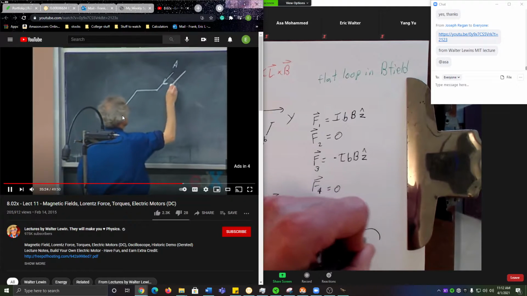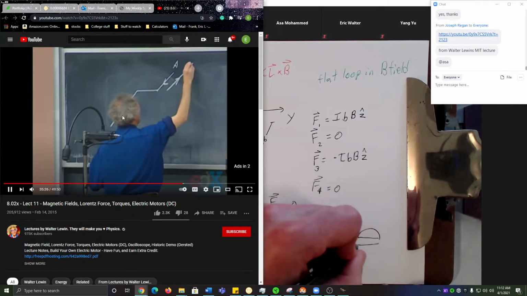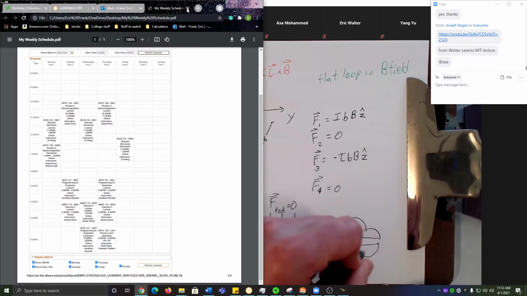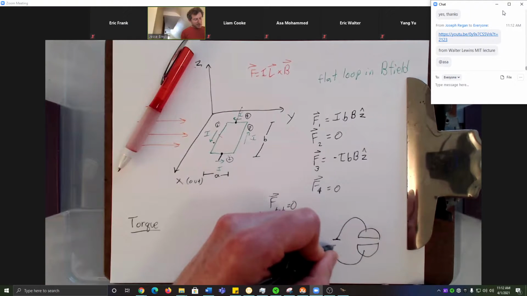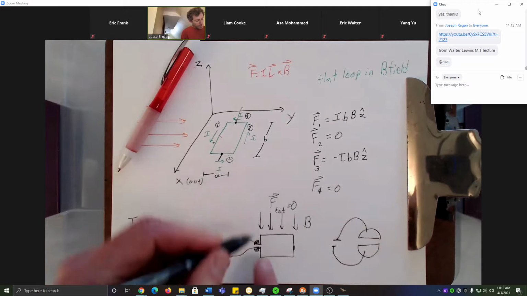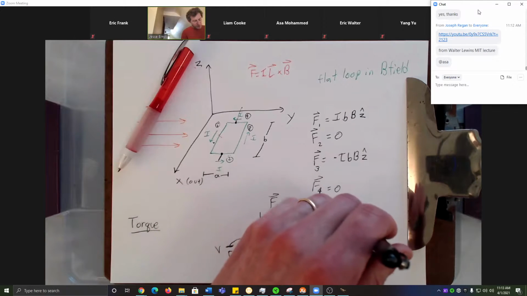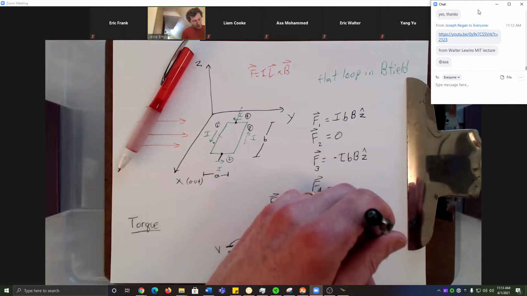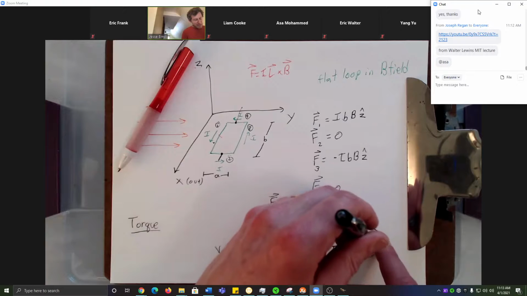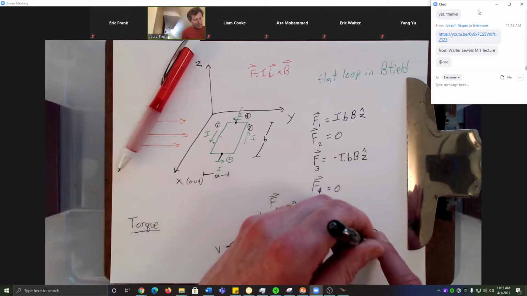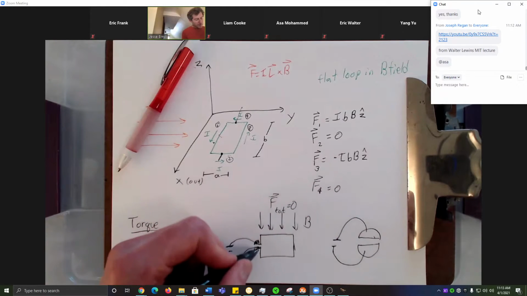This is the current goes out here. So instead, this is wired to positive, and this is wired to negative, and these two legs that come out of the rectangle drag along these two metal plates. Then as it spins, once it crosses this line, the current will switch directions, right?